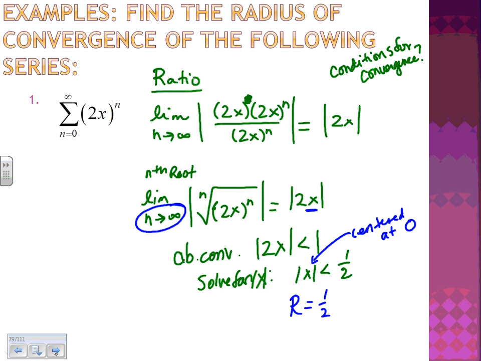What do you think? So you're going to do like for what the x is. So these are your x's. So here you can see that radius of convergence is 1/2.